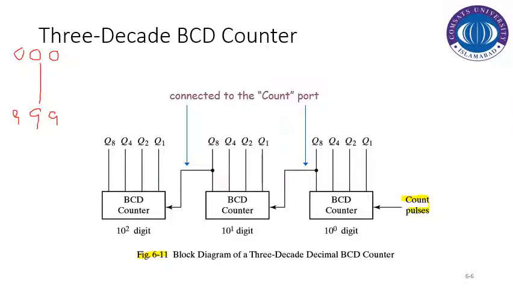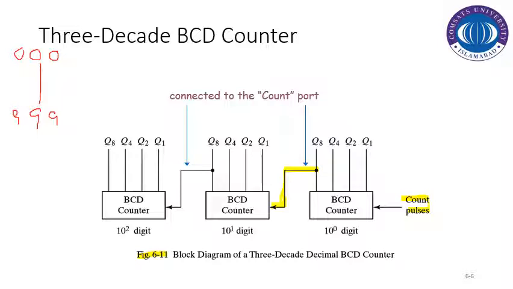So it will count from 0 to 9, the unit place. Whenever we have reached the value 9, it will serve as a trigger to the next BCD counter, and the next BCD counter will start at the 10th placement, and that count sequence is initiated.